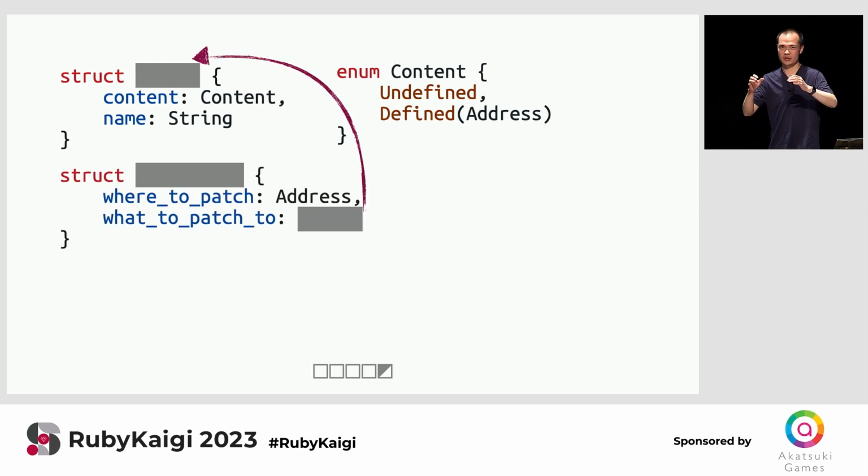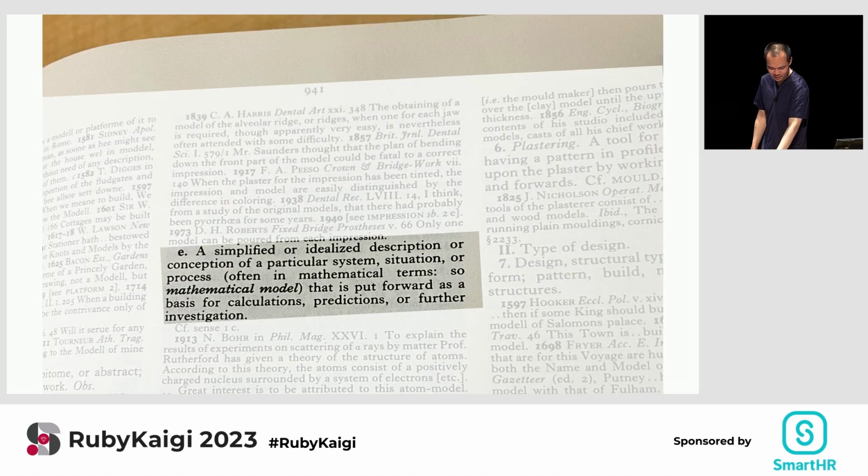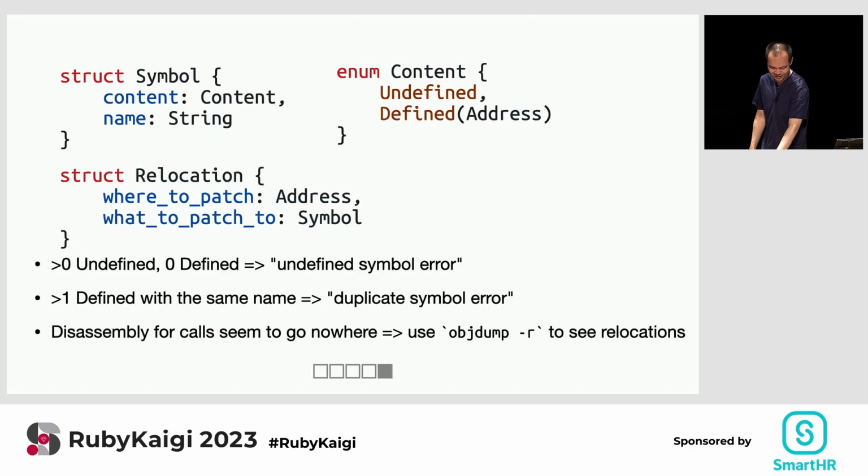And then you want to have information to know where to do the patching for those call instructions, so you say where to patch and how to do the patching. The grand reveal is that these are symbols and relocations. You can see how linkers have their own lingo. Anyway, this is just a model.